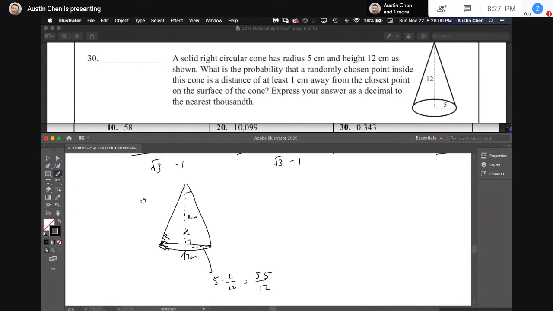Okay, so what is our new radius going to be? Or what is our new circle even going to be, right? Well, it's going to be where the 1 centimeter line from here just touches the circle, and where it touches the circle will be the new radius of the circle.